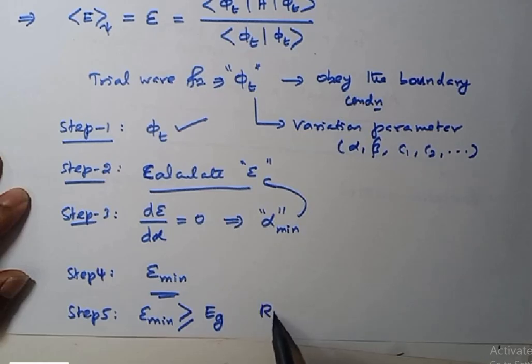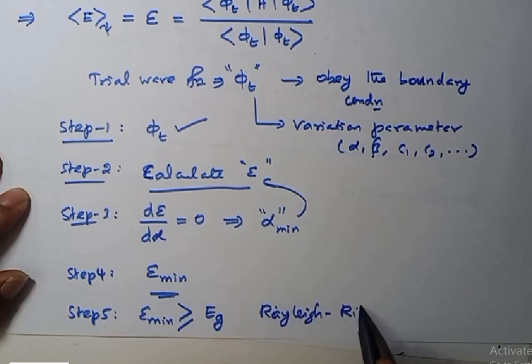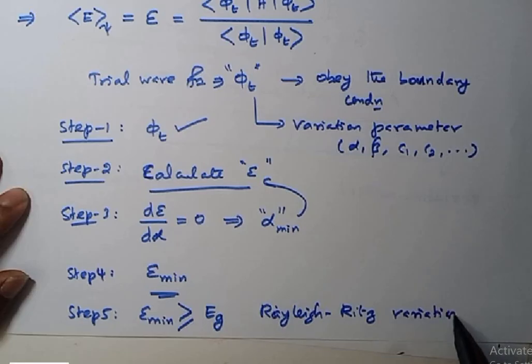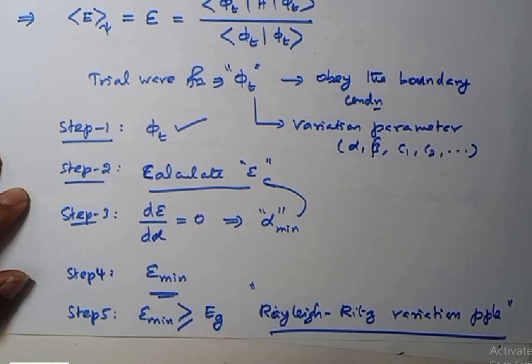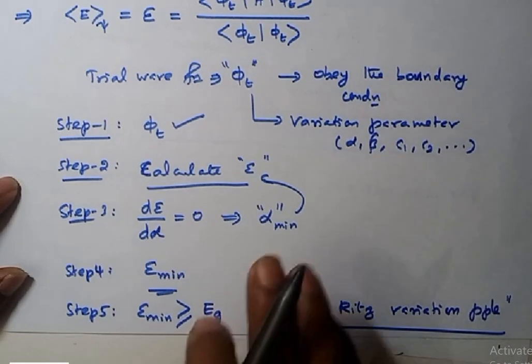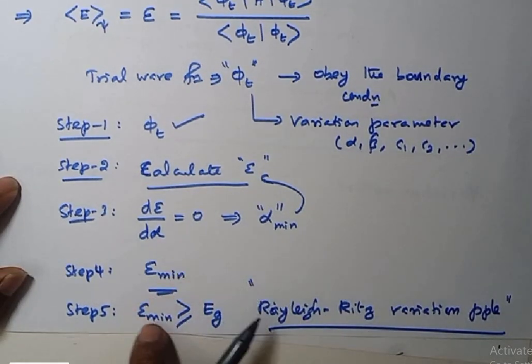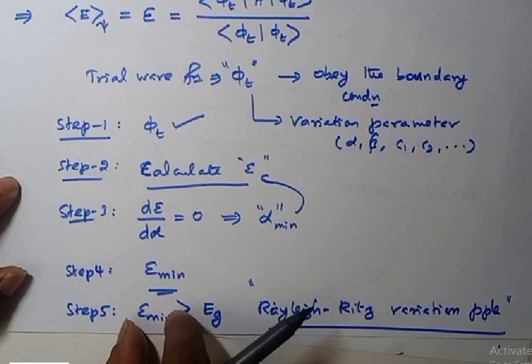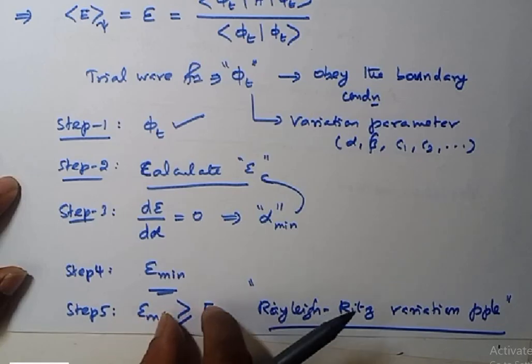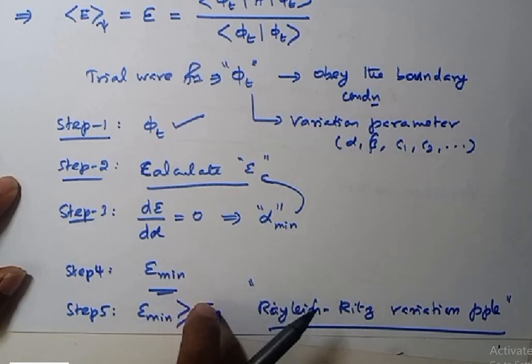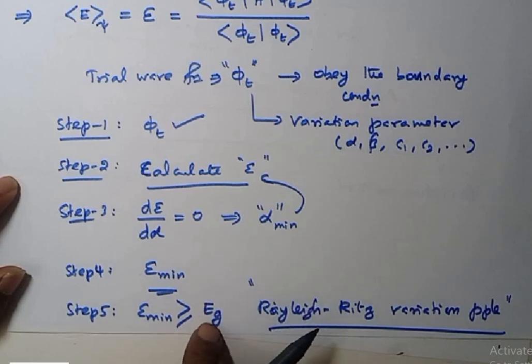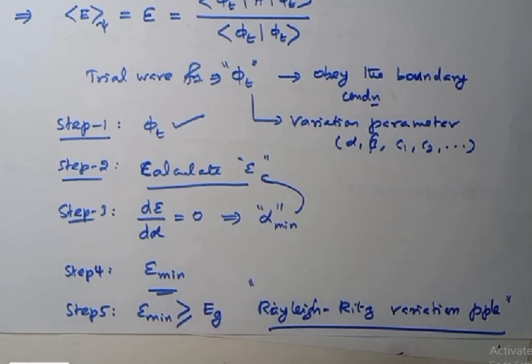This is what we call the Rayleigh-Ritz variation principle, also called the variation theorem. Using the variation method, the minimum possible energy you calculate will most of the time be greater than the actual ground state energy. Rarely it is equal to the ground state energy.